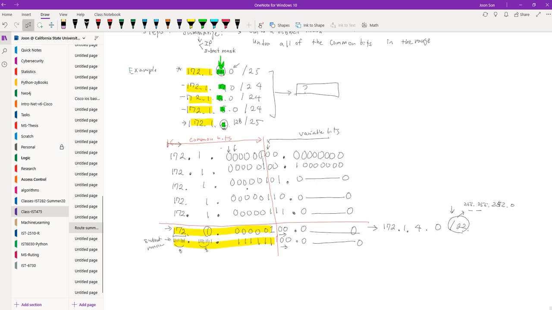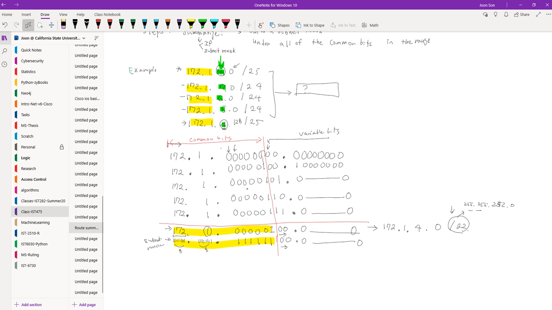But okay, now the thing is, this is a really good example because I like to show you. This is the way you should use to identify or define the summary route and the subnet mask, right?